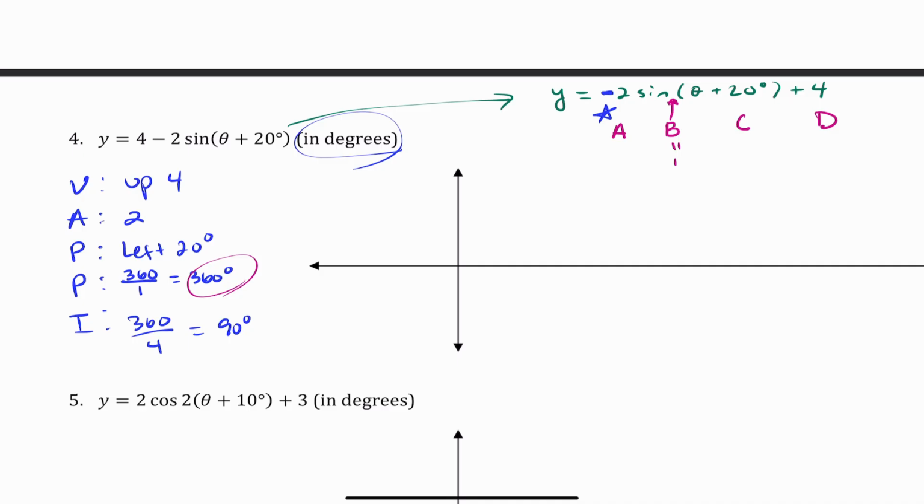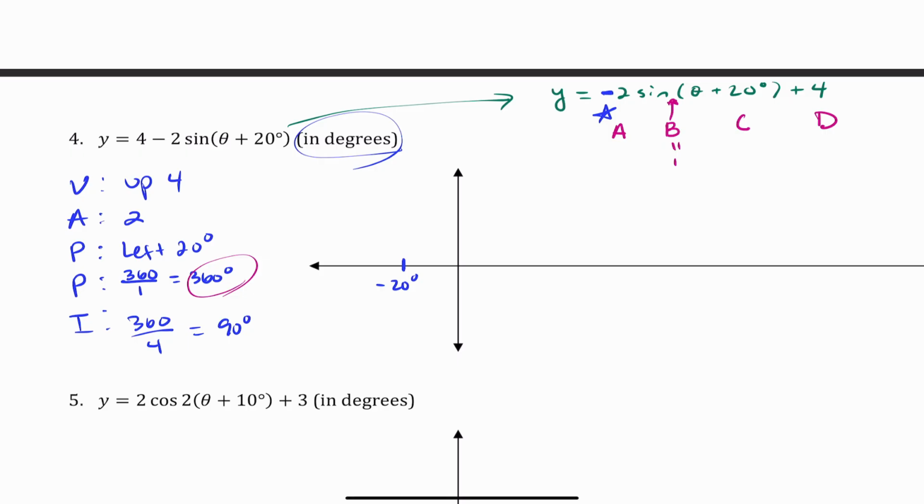So, where do I begin? Well, since we're going left 20 degrees, we don't want to put our first tick mark there. Left 20 degrees should be on the negative x-axis, so you don't put 20 degrees, you actually put negative 20. Since we have an increment of 90, I add 90 degrees each time.